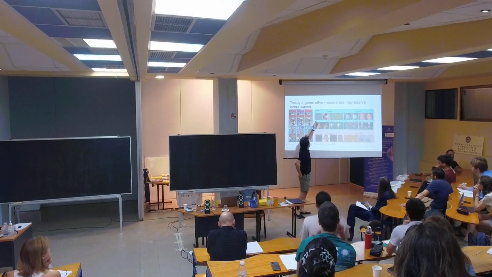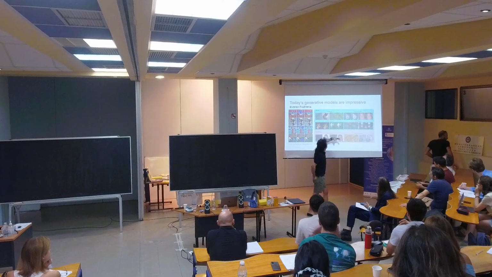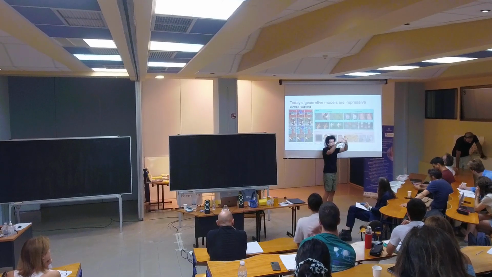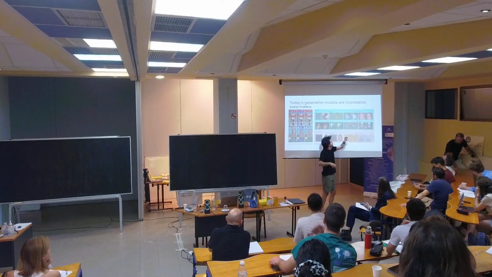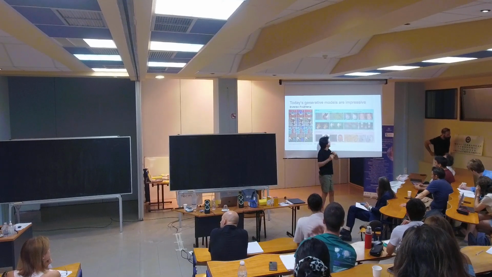These are just linear corruptions. Here you're missing part of the image. Here you have done some Gaussian blurring, so you have a Gaussian kernel that moves around the image and you average the pixels in the little squares.